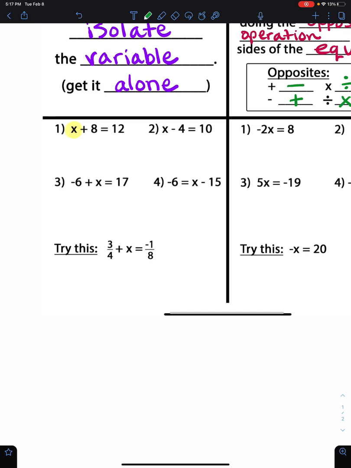Right now, 8 is being added to x. We don't care about the 12 because the 12 is already on the other side of the equal sign. It's not bothering the x at all. The only thing on the same side of the equal sign as the variable is the 8. So since 8 is being added to x, the opposite would be to subtract 8.